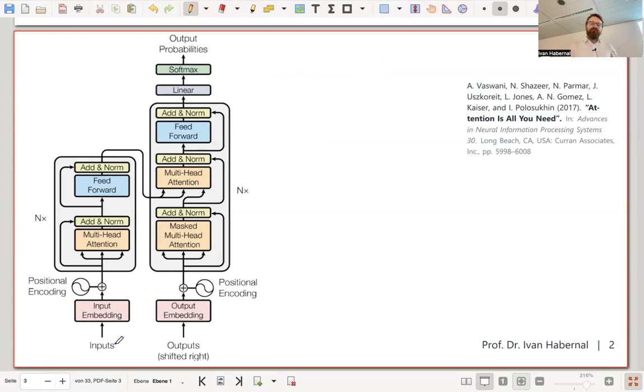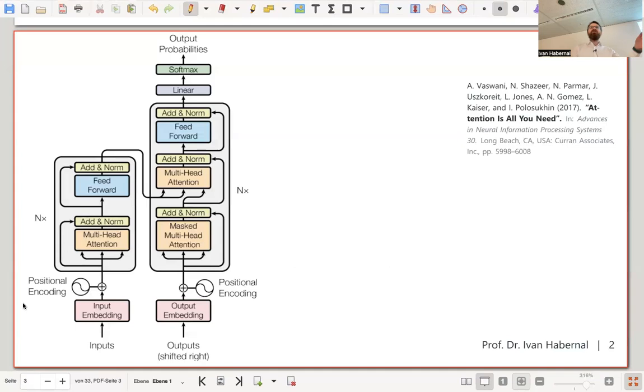We have inputs. What are the inputs? Before that, you have a sequence of tokens. What is coming into the network? The token IDs, exactly. So we have a list of token IDs, and we turn them into input embeddings. We have 2 types of embeddings for the input. For each token, we have the embedding of the token, but we also have another embedding: the positional encoding.